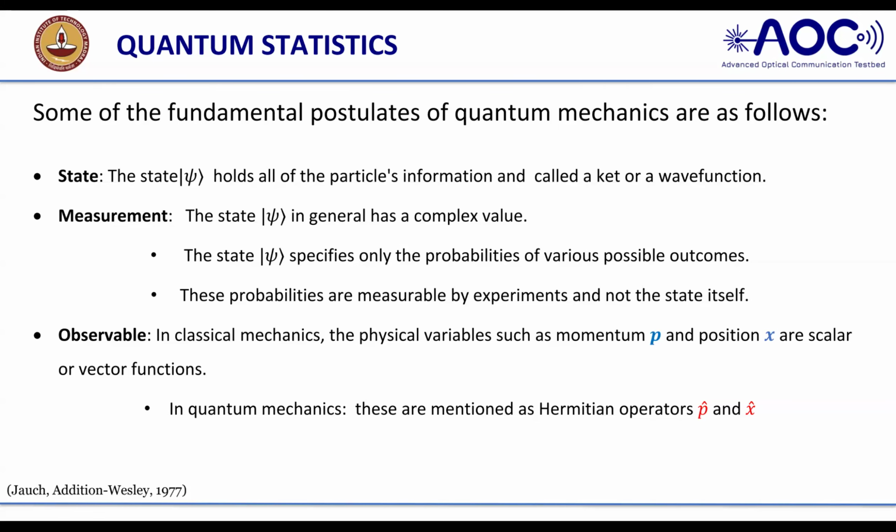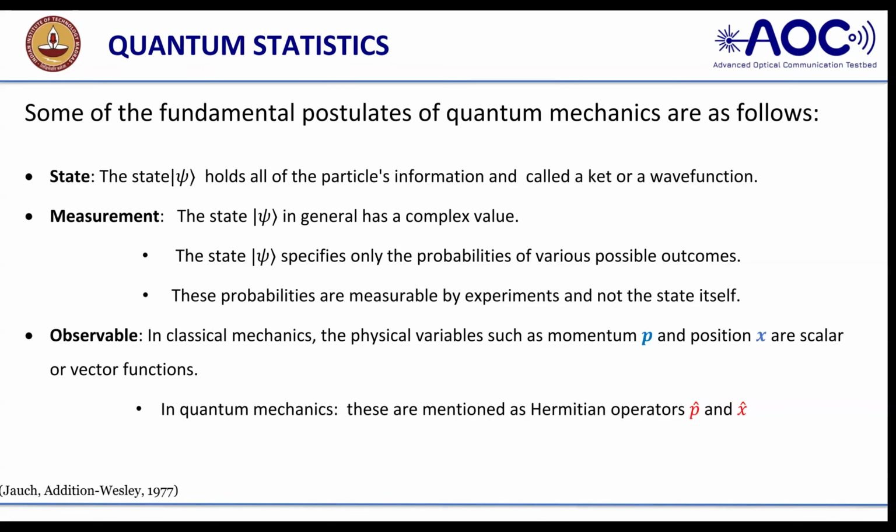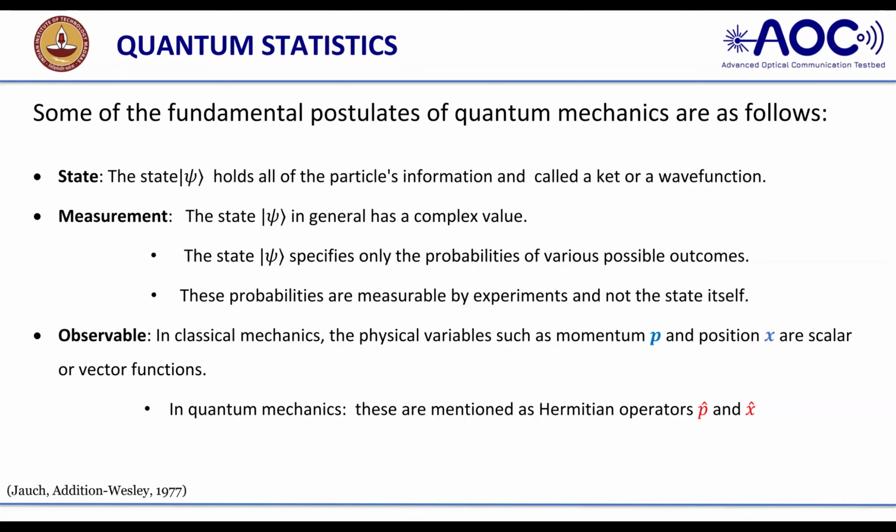But in quantum mechanics, it is called an operator. So here we have the position operator and the momentum operator. When we say quantum statistics, we should understand how to represent the state and how the observable is given, that is, the operator.